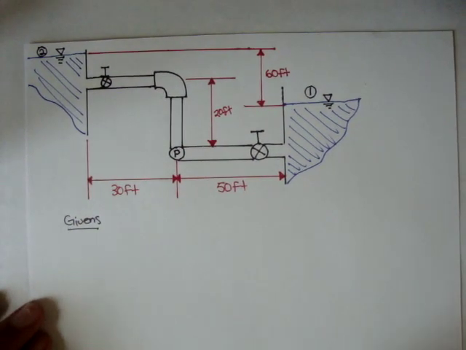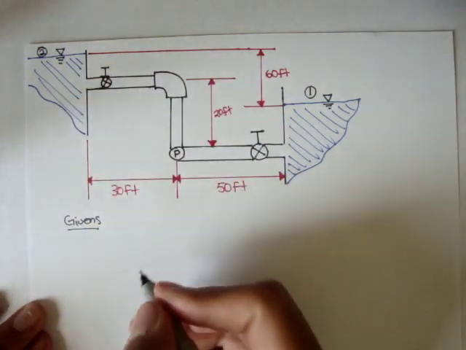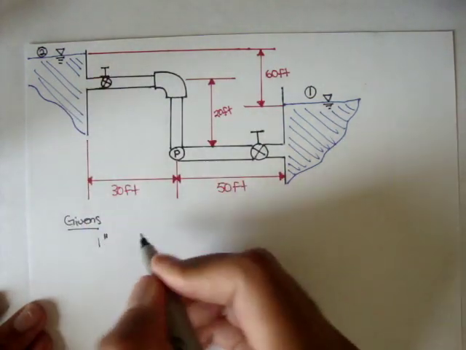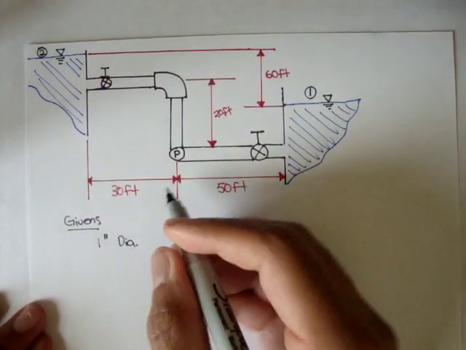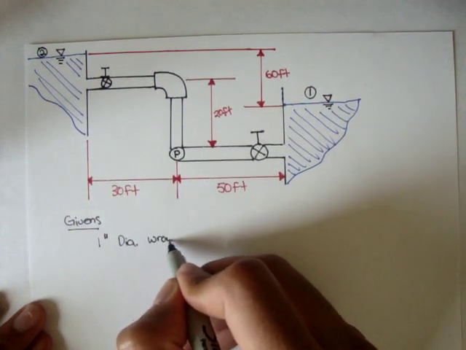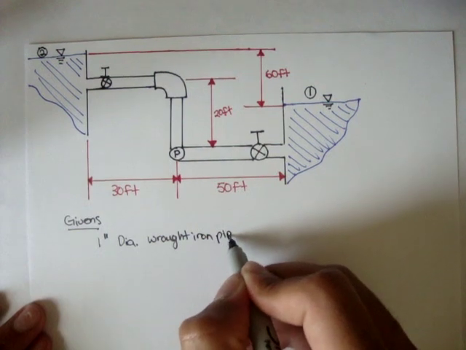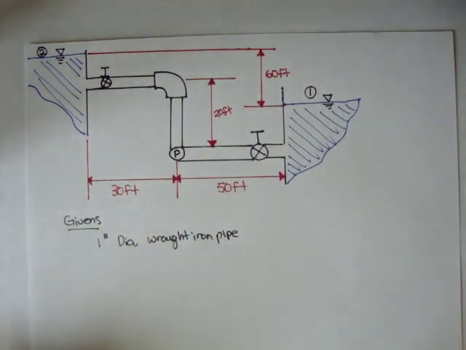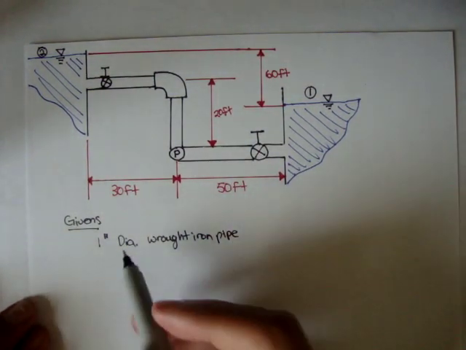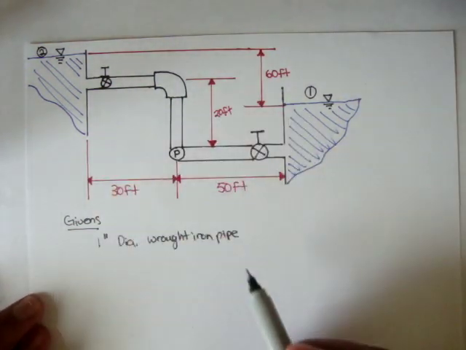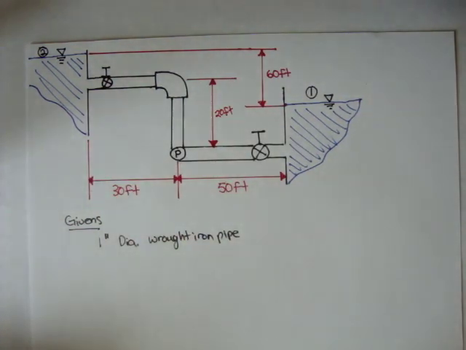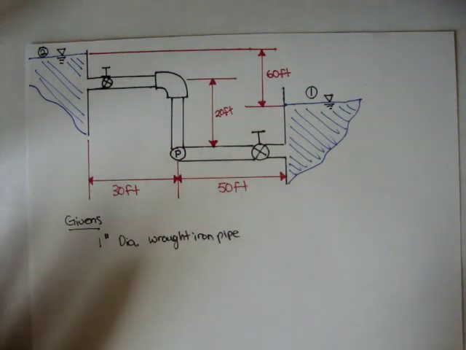The problem says that this pipe is a 1-inch diameter wrought iron pipe. Okay? And so they give you the material of this pipe, so immediately you should think that we should go to the relative roughness chart, and we will in a second.